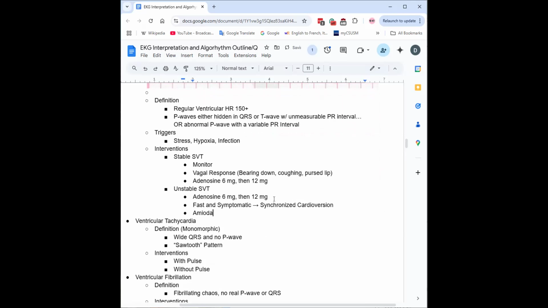You're definitely going to remember that because it's going to come up. Technically with this one, he did mention in lecture that you can do an amiodarone drip as well. Although my professor who works in the trauma center says she's never seen amiodarone for SVT. It's just adenosine, bearing down, and cardioversion.